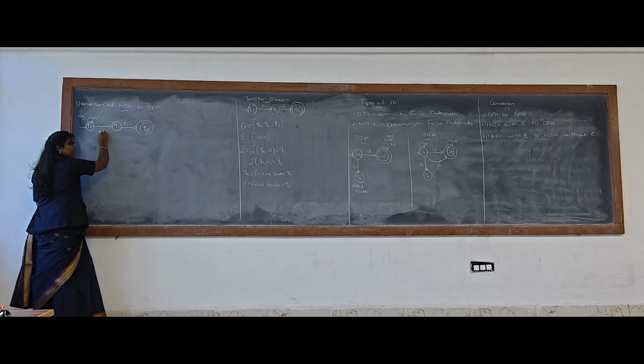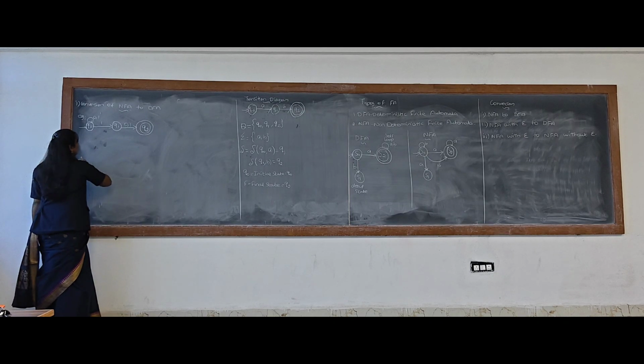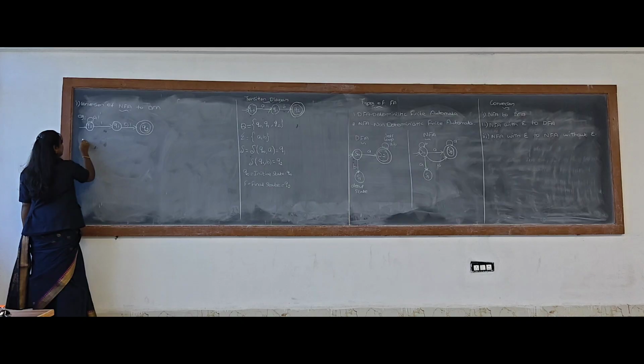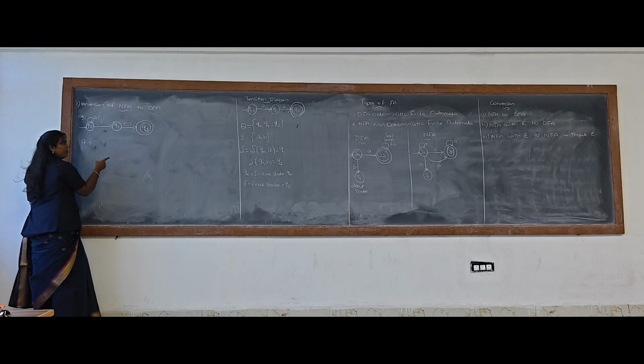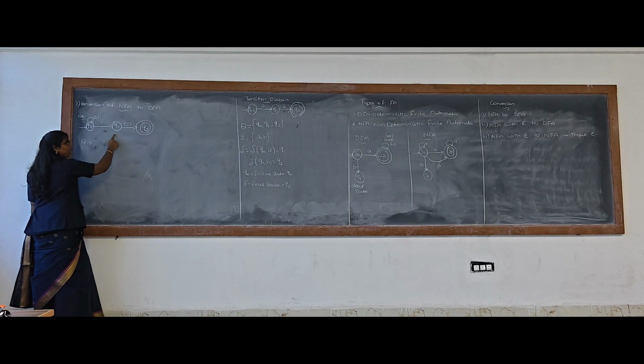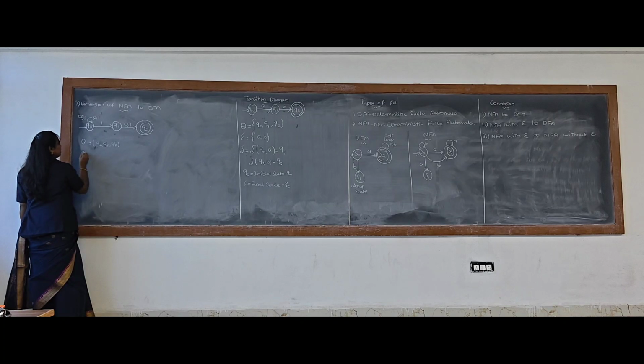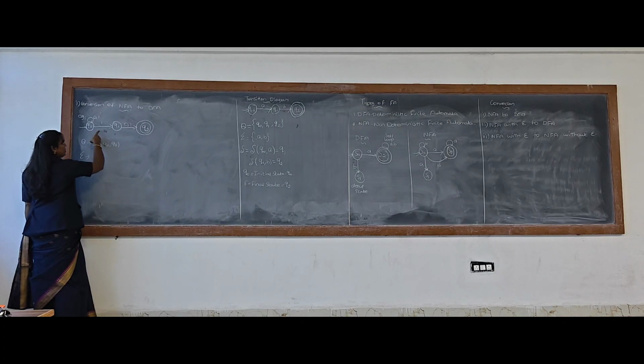As we learned, finite automata should satisfy the 5 tuples. The first is Q, which means a finite number of states. In this example we have a finite number of states: Q0, Q1 and Q2. The next tuple is the input symbols. We have two input symbols, 0 and 1.